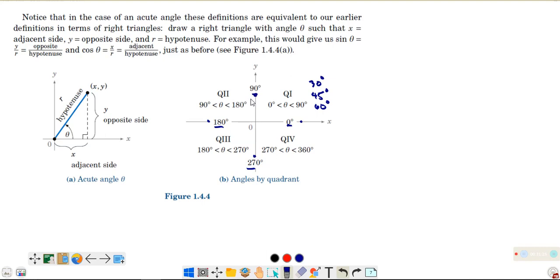Tapos, from 91 to 179, between 90 and 180, but not including 90 and 180, nandito sila. 91, 95, 160, 170. Lahat sila nandito. And for quadrant 3, between 180 and 270. Quadrant 4, between 270 and 360.